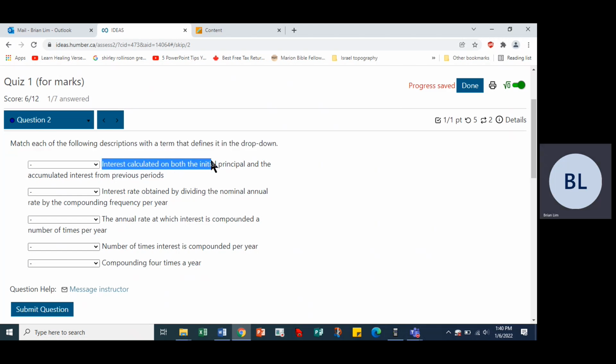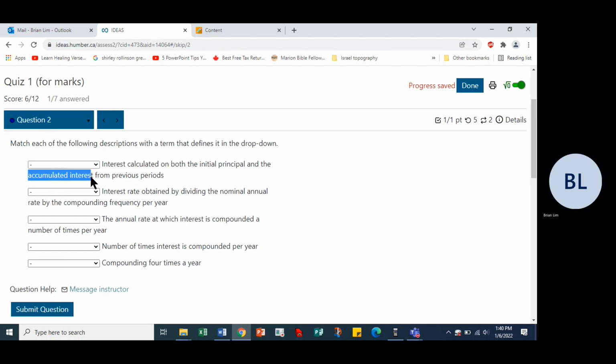Interest calculated on both the initial principal and the accumulated interest from previous periods. So you have the initial principal and then you have accumulated interest, right? So it's calculated on both of them.